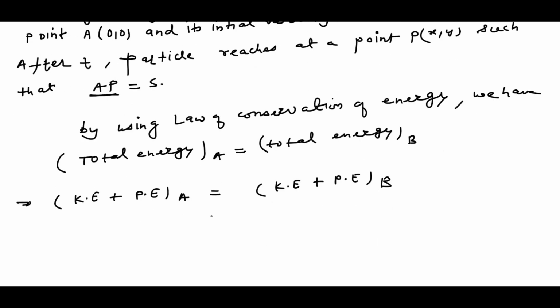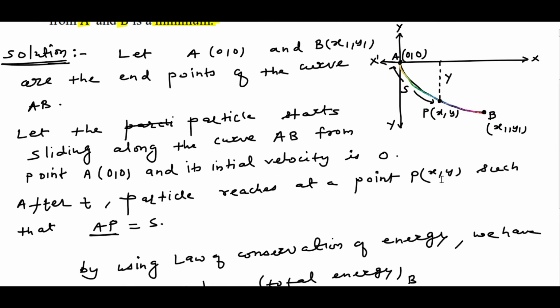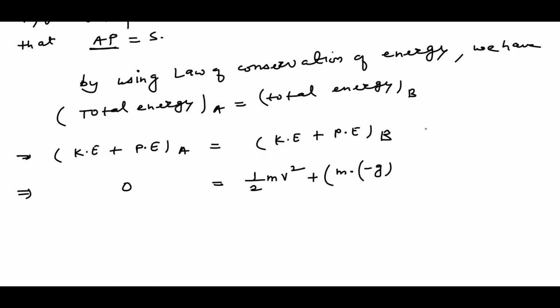But at point A, because the particle is at rest, the total energy will be zero, and the kinetic energy will be half m v square, where m is the mass and v the velocity of the particle, plus the potential energy mgh, but here g is negative because of the acceleration due to gravity, and the height of the curve from the x-axis is y.